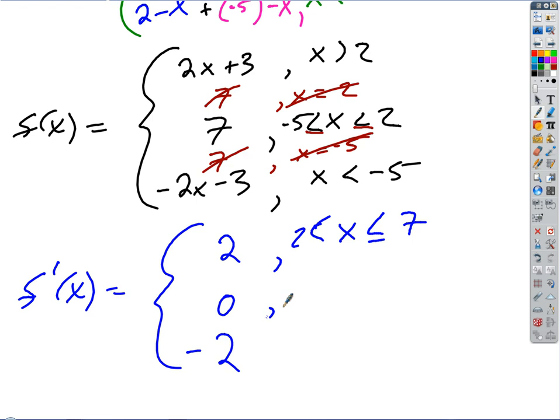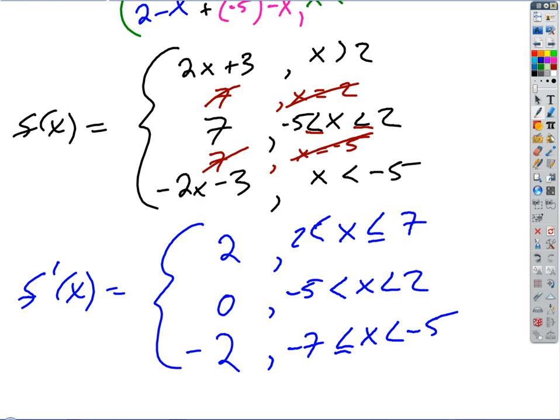The slope is 0 between -5 and +2, and it's -2 in between. Did I write that backwards? No, I didn't. -7, because that's what our problem said, we're looking on that particular interval.